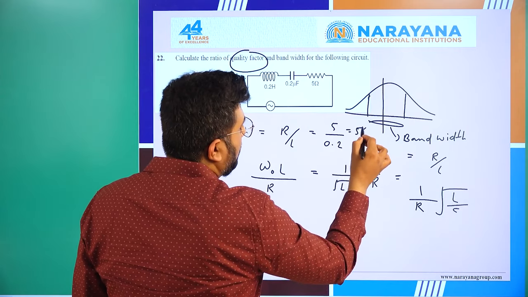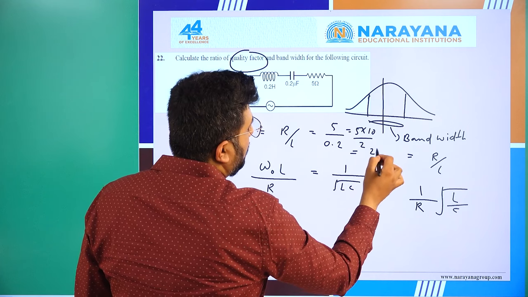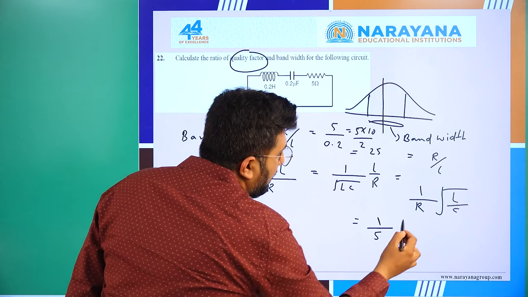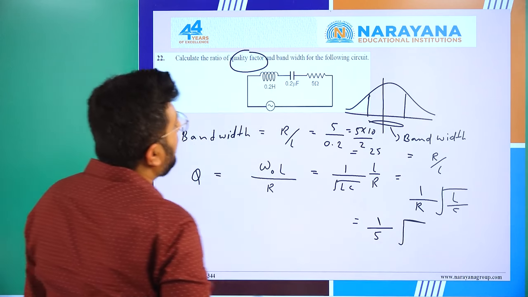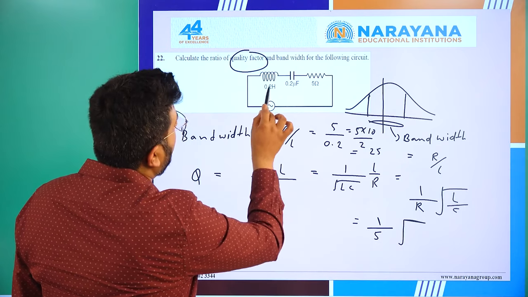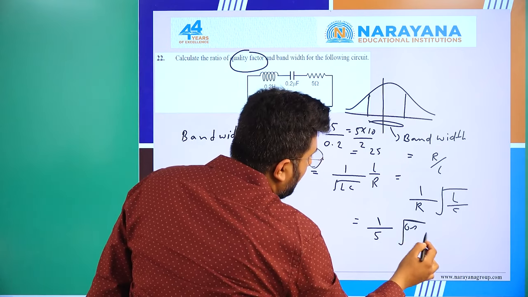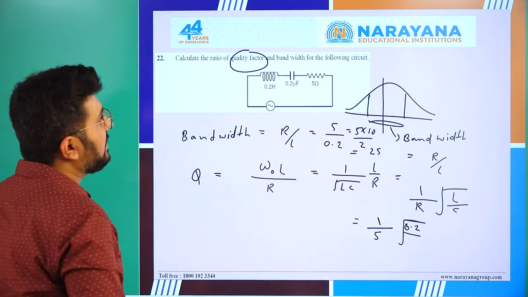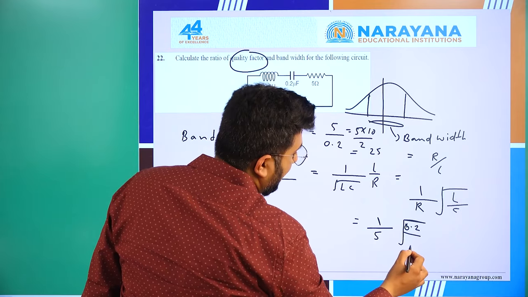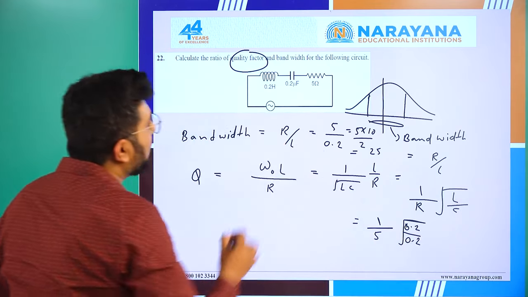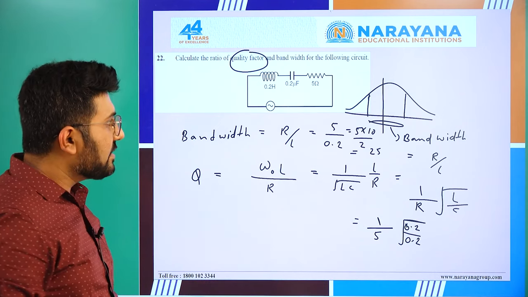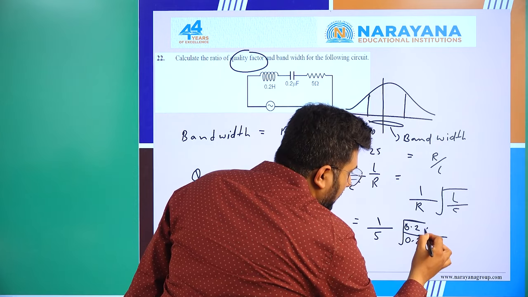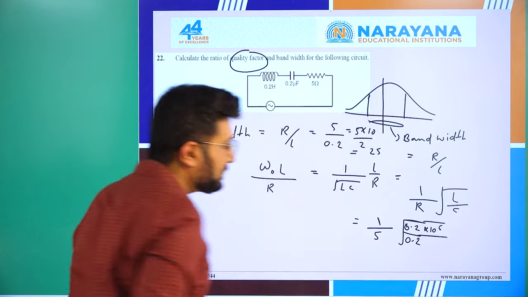So, first let me find this value. This will be 5 into 10 by 2, which is 25, and this will be 1 by R, that is 1 by 5 root over L by C. L is 0.2, and C is also 0.2, but C is 0.2 microfarad, so I will write into 10 raised to the power 6 here.